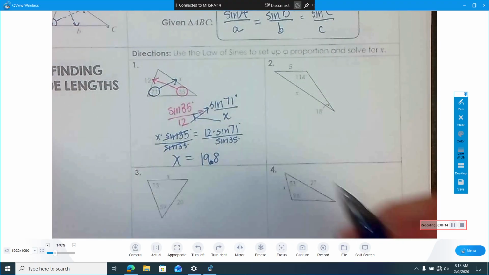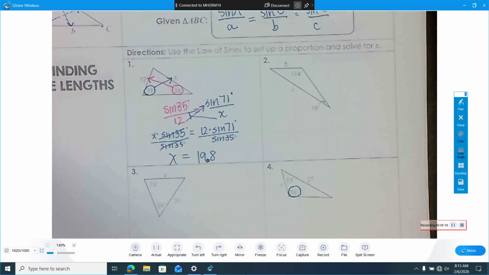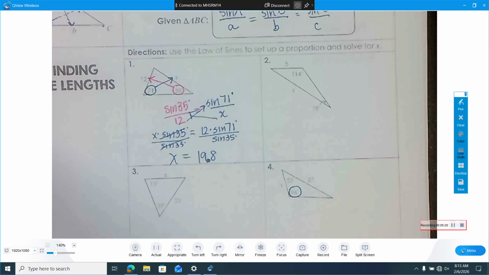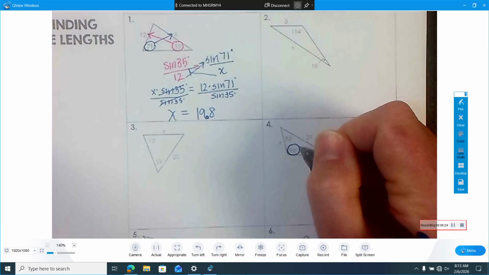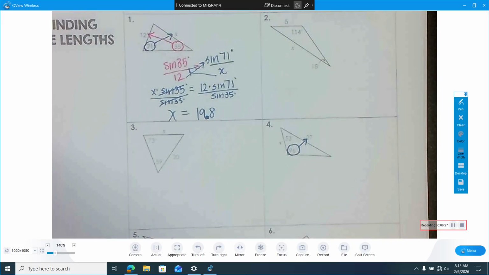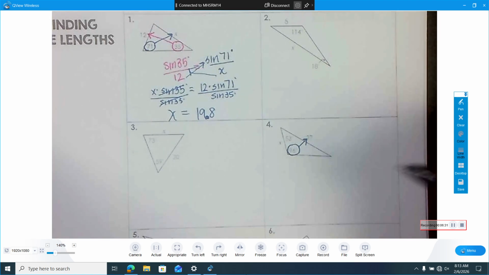On number 4, I have my angle, and what's its opposite side? 27. And then I have 53, and what's its opposite side? Unknown. We don't know.